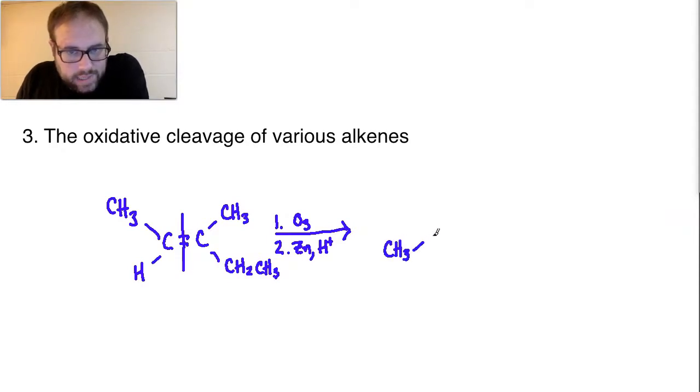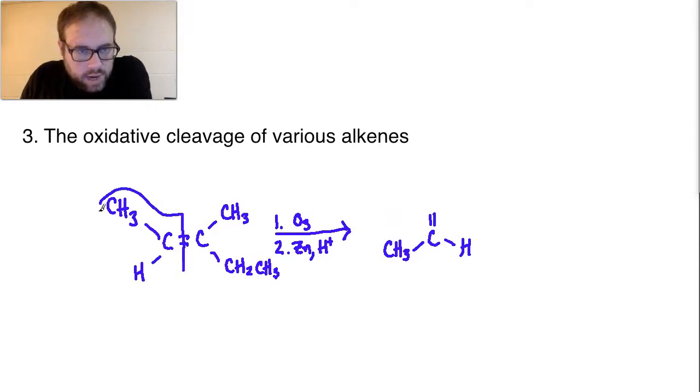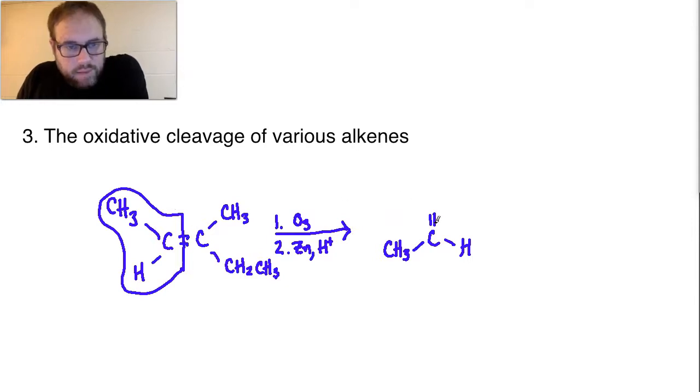It's got that C. Now that C had a double bond, and then it has an H, right? So I'm maintaining the double bond that's there. And in place of the carbon on this other side, we're just going to put an oxygen here. And that is the oxidative cleavage that has occurred.